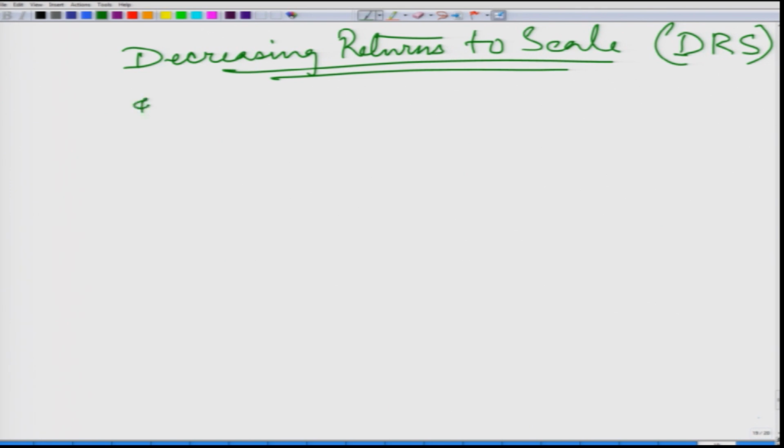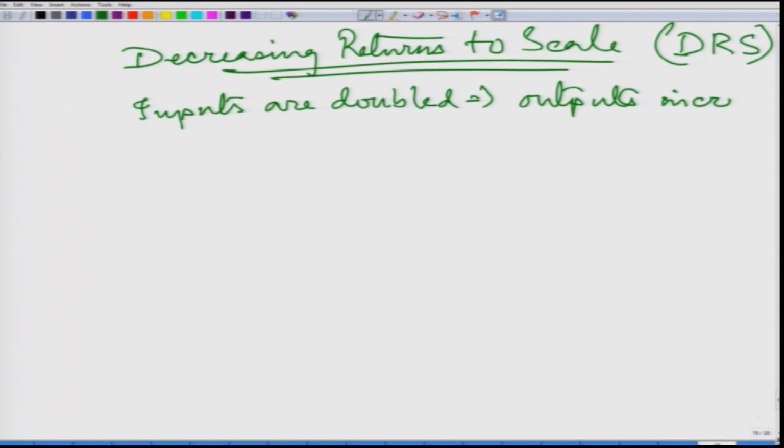So inputs are doubled, but outputs increased by less than twice.